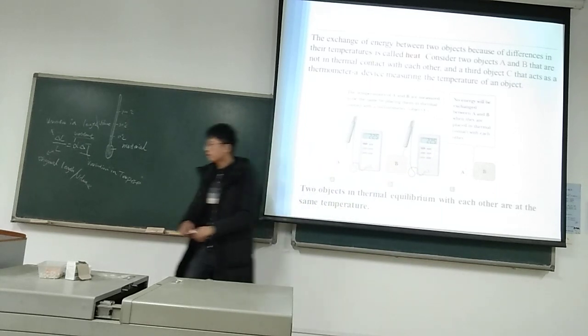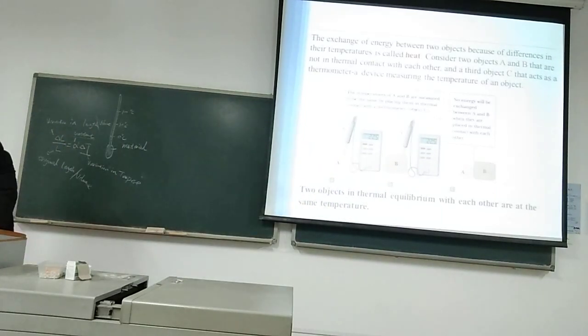In this case, the temperature of all three parts, the first one, object A, the second one, object B, and the third one, the detector of the thermometer, A, B, and C. If C equals A and B equals C, which means A will equal B. It looks easy, but that is a very important definition in thermodynamics.